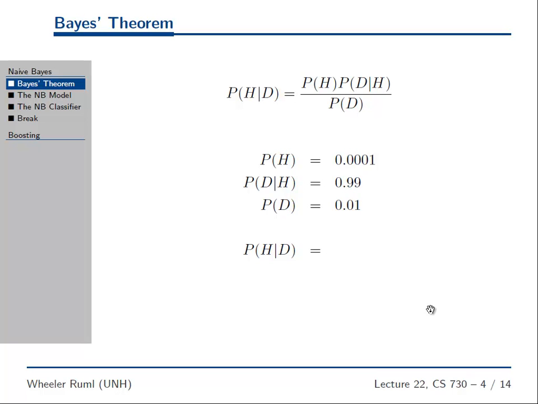Now, the prior probability of you having, that's H, horrible disease is quite low. Like, it occurs once in every 10,000 people. Luckily, we have this great diagnostic aid that gives us some data. The probability that we would get a positive test result, positive data, if you actually have the disease, is 0.99.